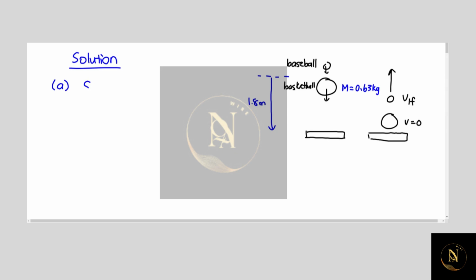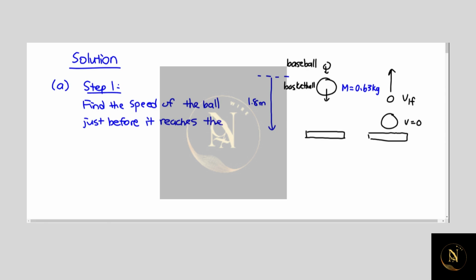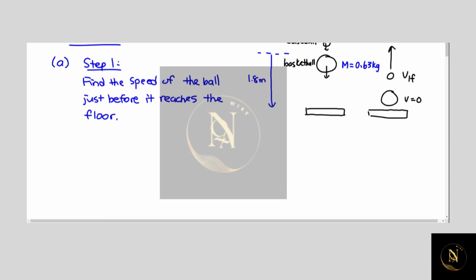So step one, we find the speed of the ball just before it reaches the floor, because we need this value to calculate the momentum of the basketball before it collides with the baseball.